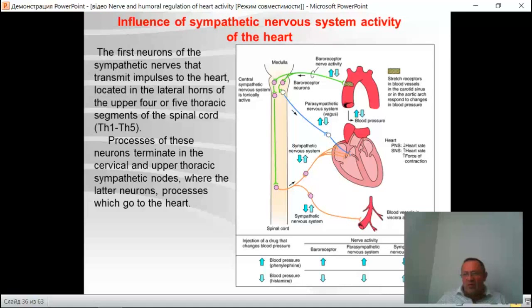Processes of these neurons terminate in the cervical and upper thoracic sympathetic nodes, where the second neurons' processes go to the heart. On the scheme, you can see impulses moving through the sympathetic tracts from cardiovascular zones through the lateral horns to the heart.